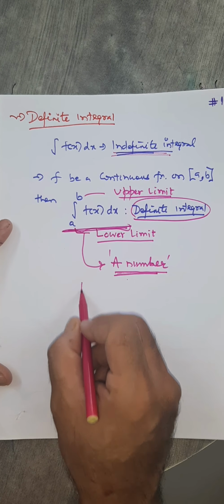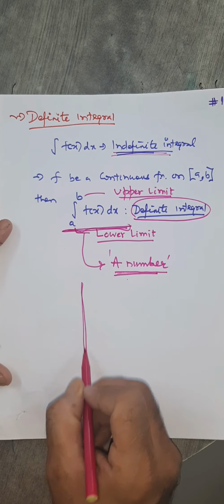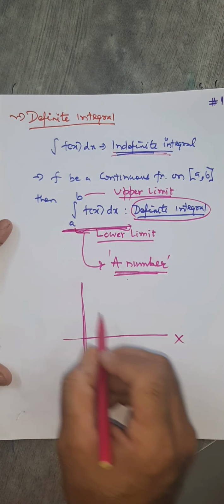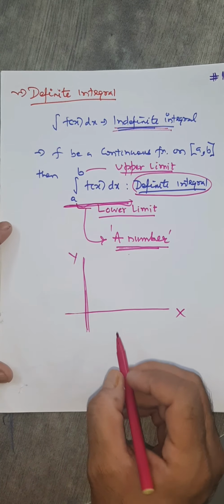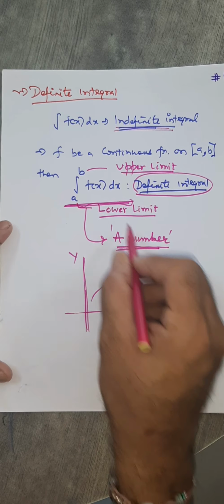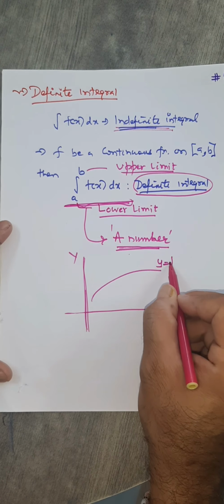Suppose I just give a small idea here. There's an xy plane, and suppose there is a graph of the function y equals f(x).